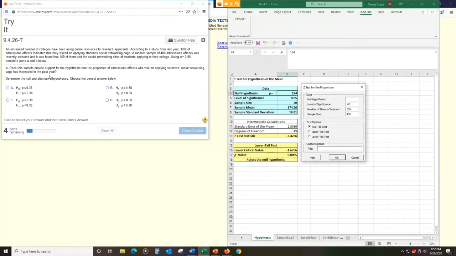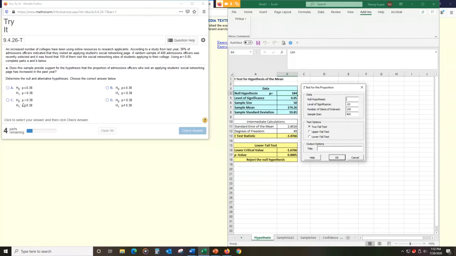Now my null hypothesis is coming from the claim I'm going to be testing. So it says, does the sample provide support for the hypothesis that the proportion has increased in the past year? Past year proportion was 38%. Increase means it is greater than 0.38. Where is greater than? Either in A or C, right?